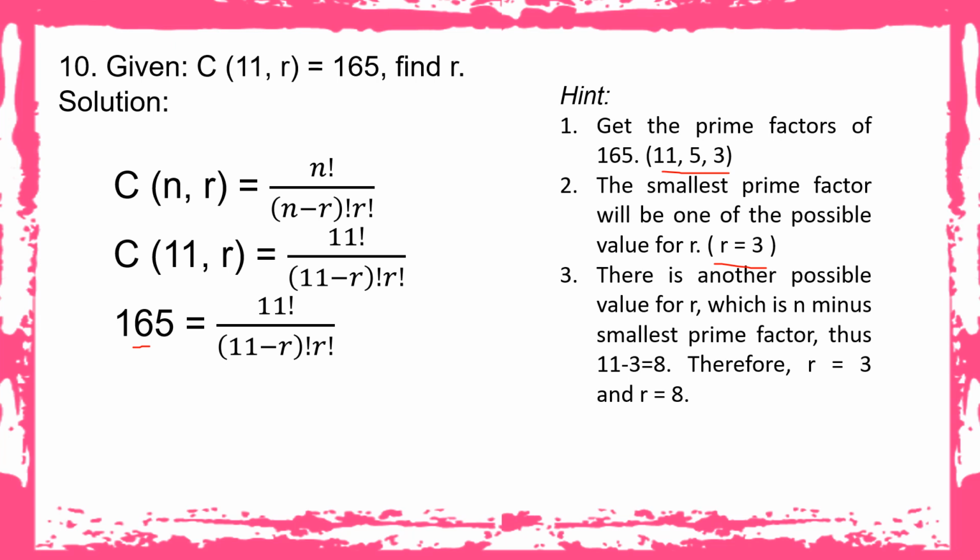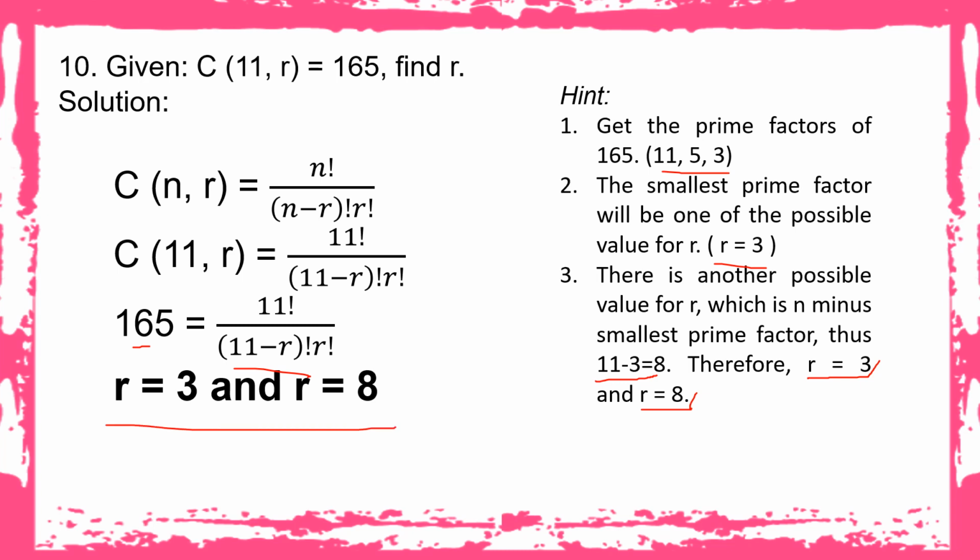So, 11 minus 3 is equal to 8. So, therefore, we have r is equal to 3 and r is equal to 8. So, this is our final answer.